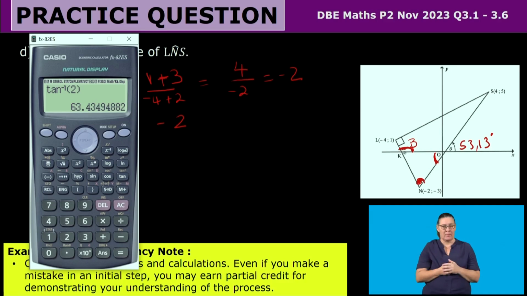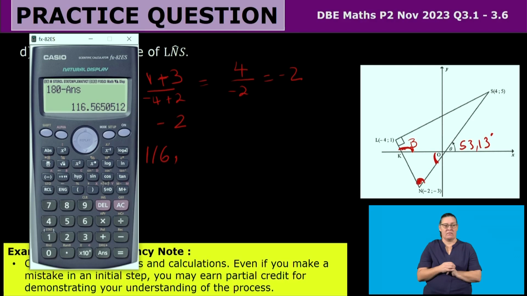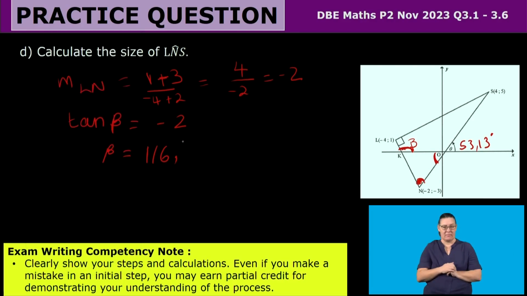It is greater than 90, so it's going to be 180 minus that answer. So it's going to be 116.57. Okay, so that's the angle beta that we have there.